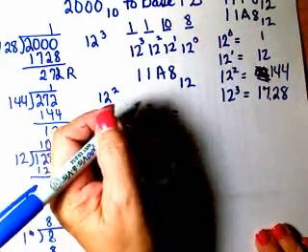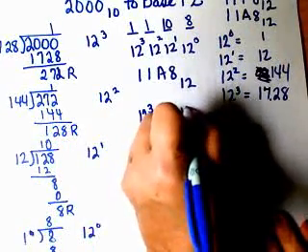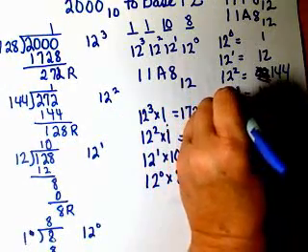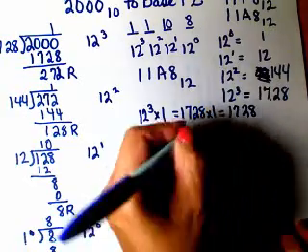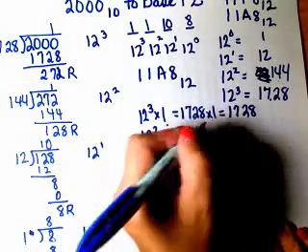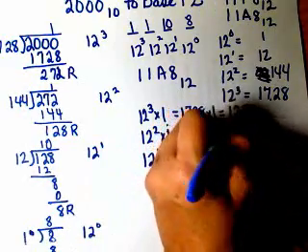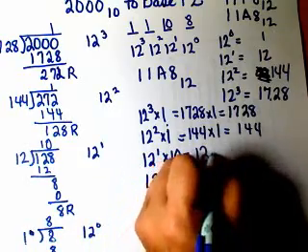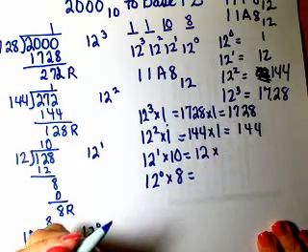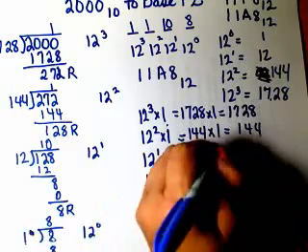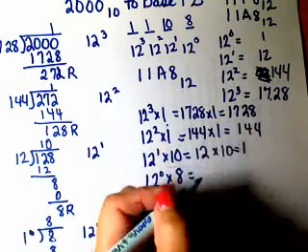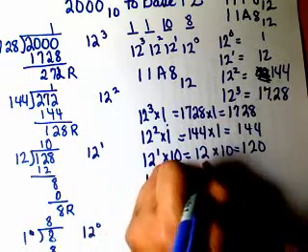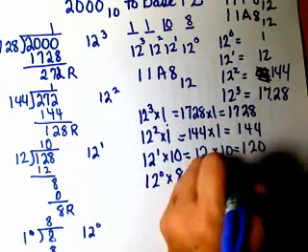So 12 to the third is 1,728 times 1, which is just 1,728. 12 to the second is 144 times 1, which is just 144. 12 to the first is 12 times 10, which is 120. And then 12 to the 0 is 1 times 8, which is just 8.